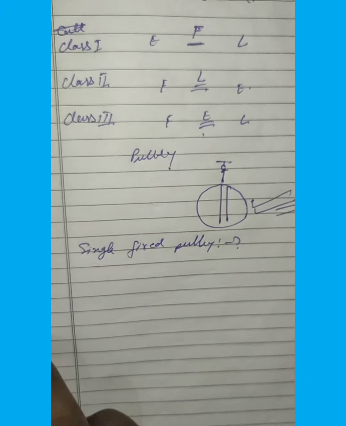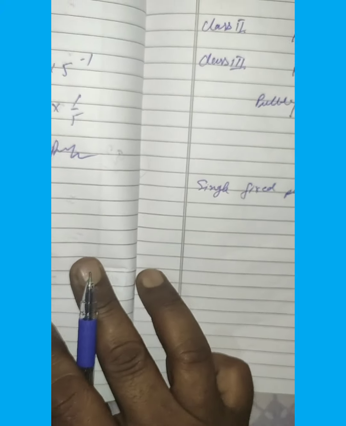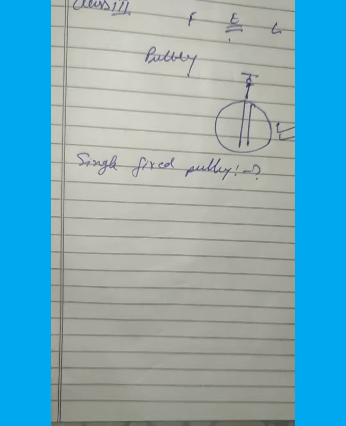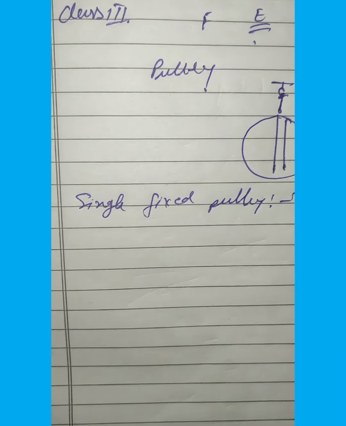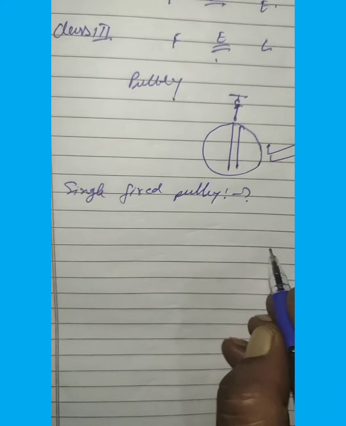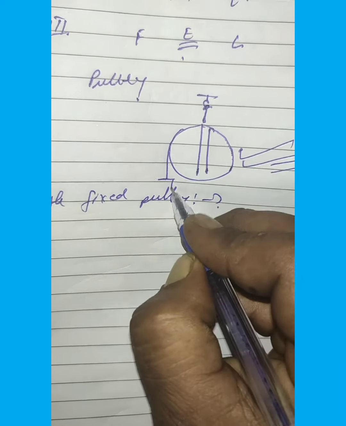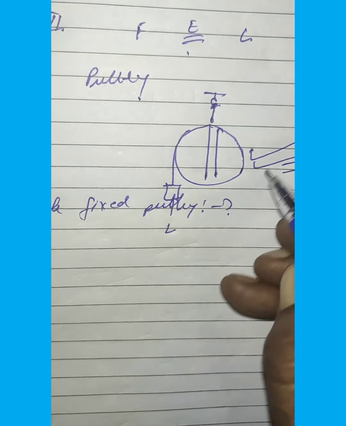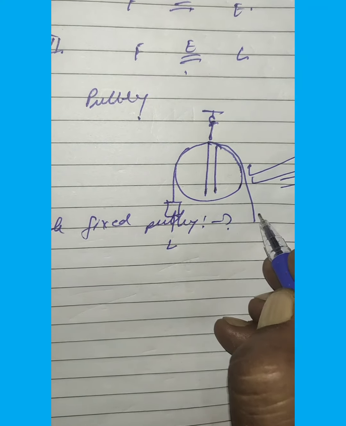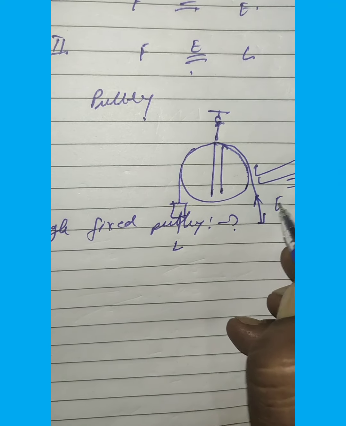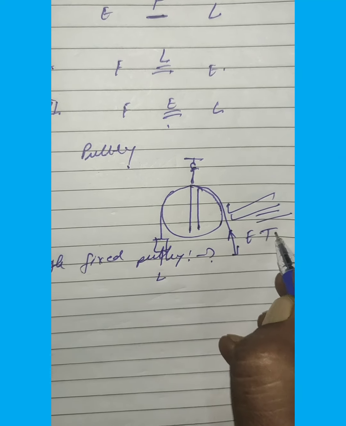Now its mechanical advantage, velocity ratio, and the efficiency. In this single fixed pulley, on this side you put the load, and on this side you apply the effort. The string is stretched upward, so tension is there.